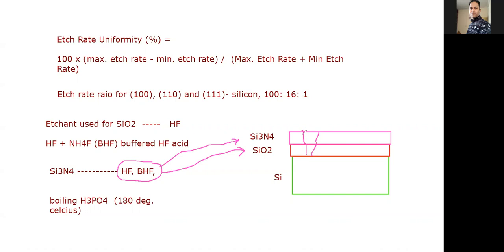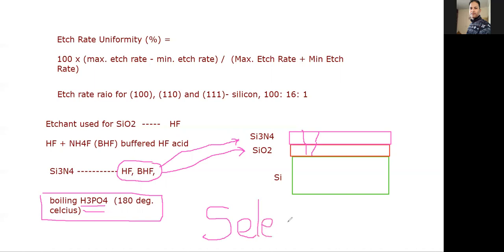If we wanted that to happen, then it's fine, but many times, as we are making our integrated circuit systematically, we do not want our etchant to work this way. We want our etchant to be selective. So this is one example.